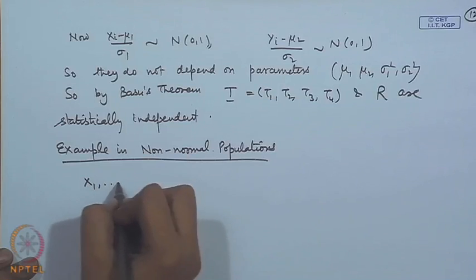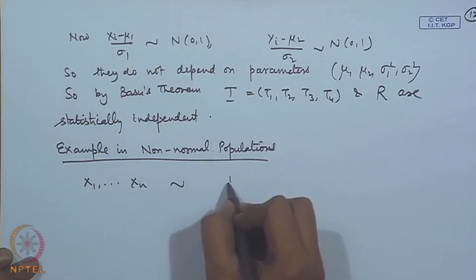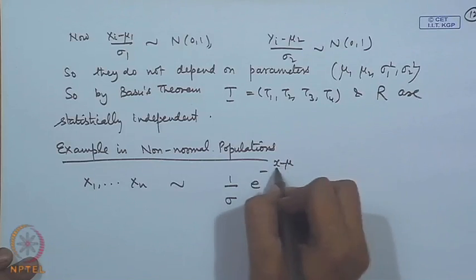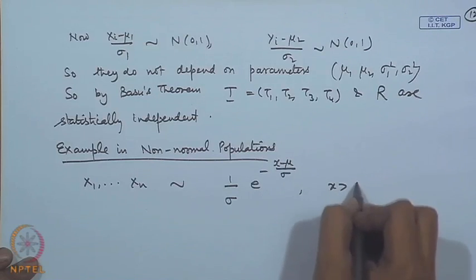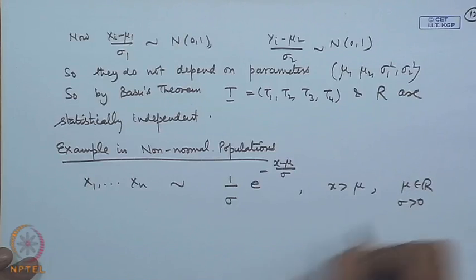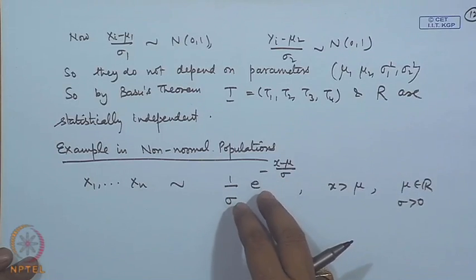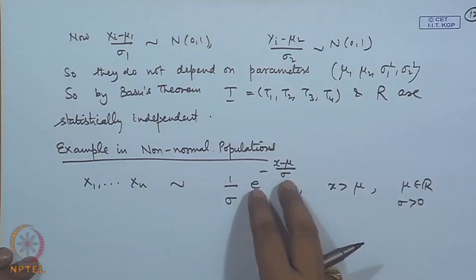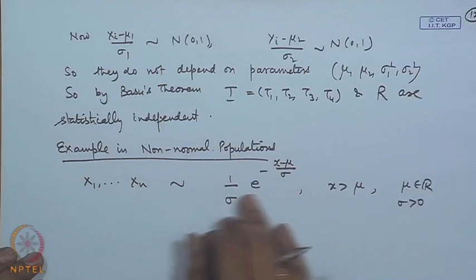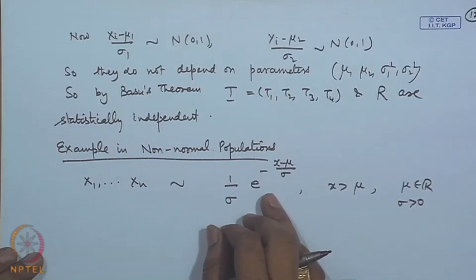Let us take, say, x 1, x 2, x n following 1 by sigma e to the power minus x minus mu by sigma, where mu is any real number, sigma is a positive parameter. That means, I am considering a 2 parameter exponential distribution. Now, this is not an exponential family.